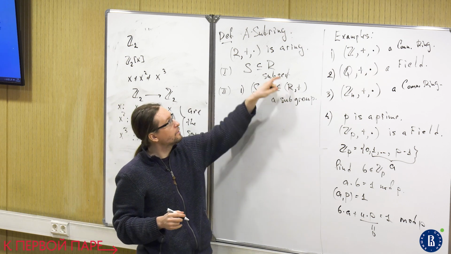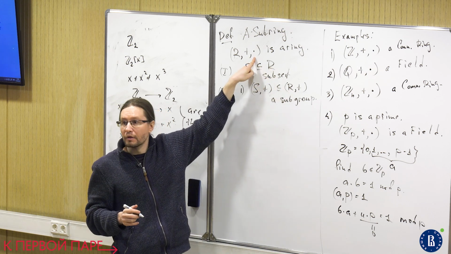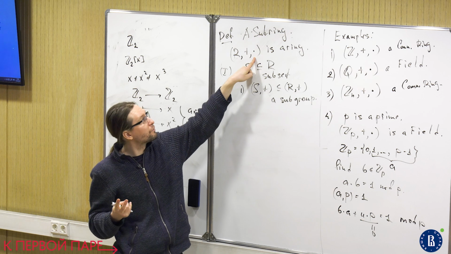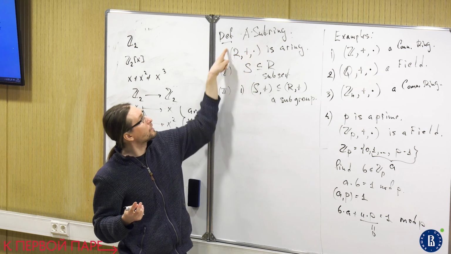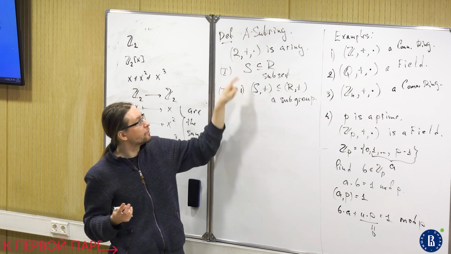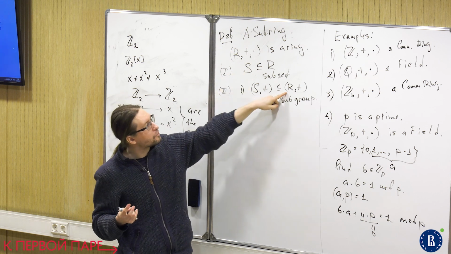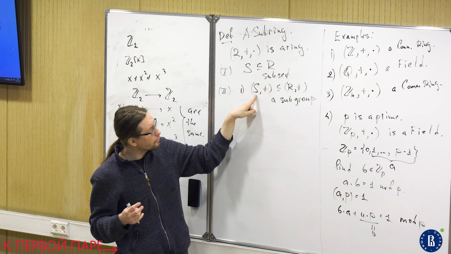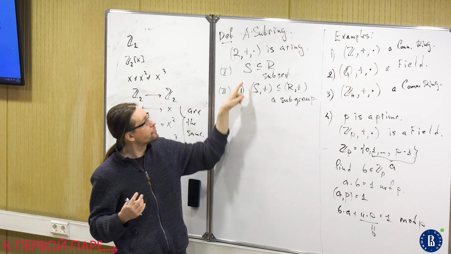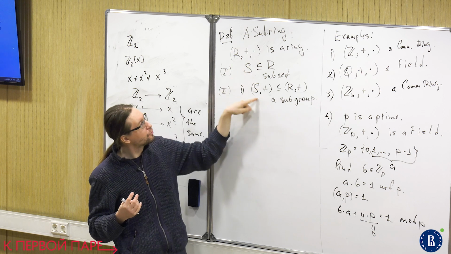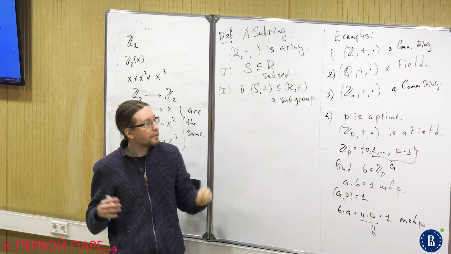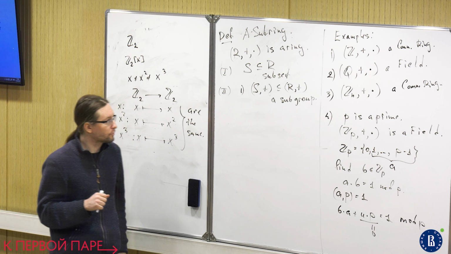R is a ring, so it has two binary operations. We can forget about multiplication, so then we will get an abelian group. In case of an abelian group, we have a notion of a subgroup, so we want S with this operation to be a subgroup, as it's defined in case of groups.